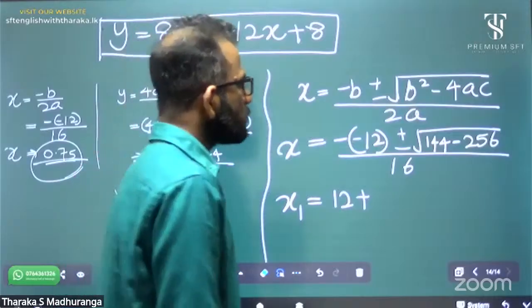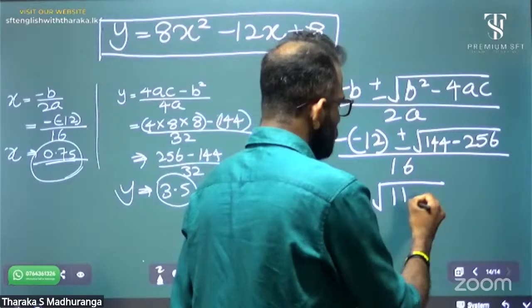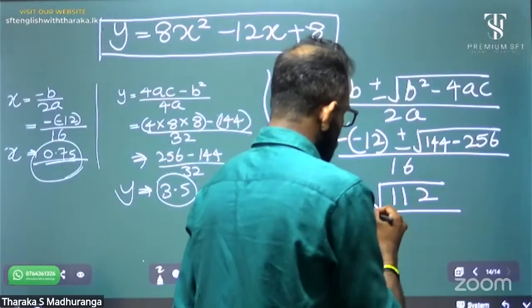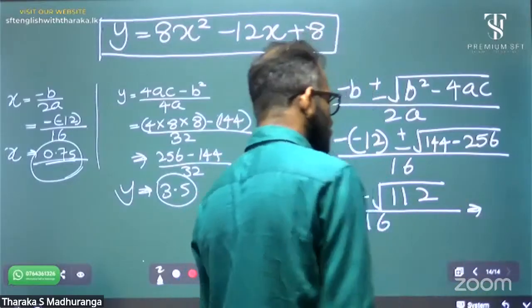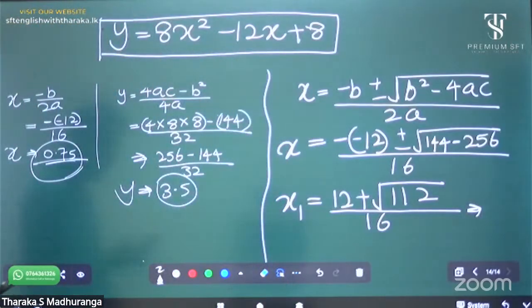It is minus 112 over 16. Now you can get the first x-axis cutting value: 12 plus square root 112 divided by 60.